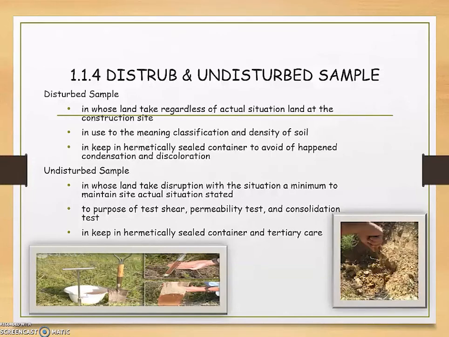It is kept in a hermetically sealed container to avoid condensation and discoloration. For an undisturbed sample, the disruption to the situation is kept to a minimum to maintain the actual site situation. The purpose of the undisturbed sample is for shear test, permeability test, and consolidation test, and it is kept in a hermetically sealed container with great care.